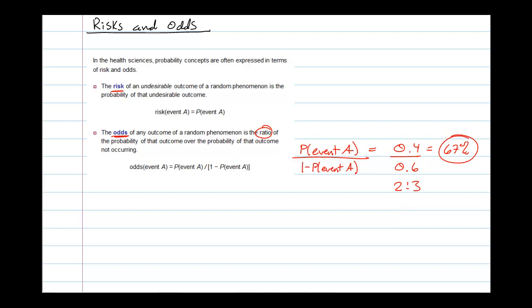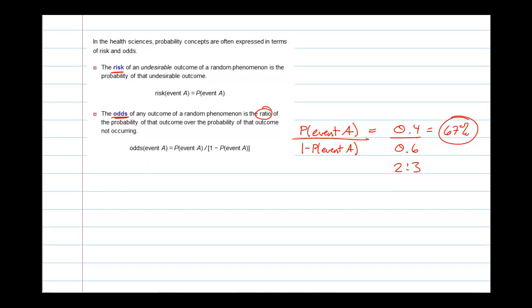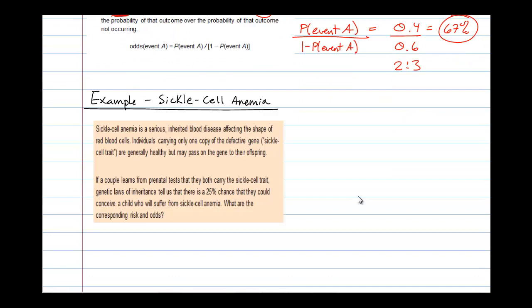So to finish up our basic conversation about probability, let's go ahead and look at one last example. For this example, we're going to be looking at the risk of sickle cell anemia. I'll read through this. Sickle cell anemia is a serious inherited blood disease affecting the shape of red blood cells.